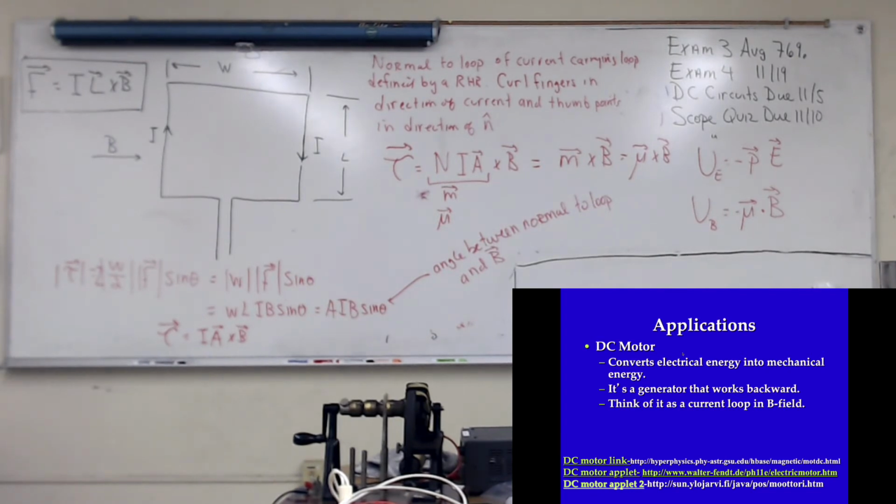So another application of the torque on a loop of wire in a magnetic field is the electric motor. The electric motor is a device that will convert electrical energy into mechanical energy, and you're going to be building an electric motor in your project.